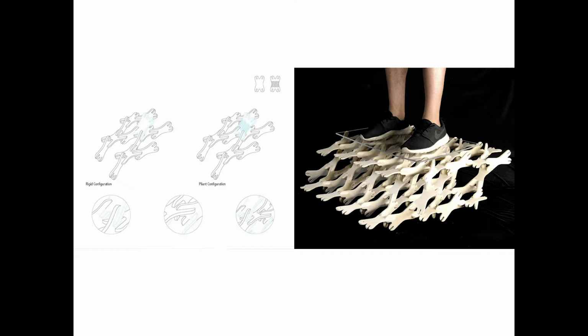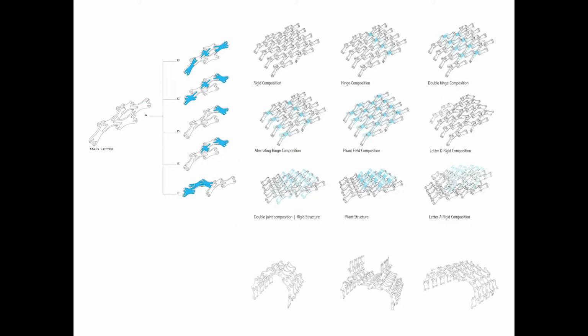In our exploration of the components, some of these regions were stable enough to support a person standing on them. This was achieved through a very simple variation of the placement of the component within the aggregation.